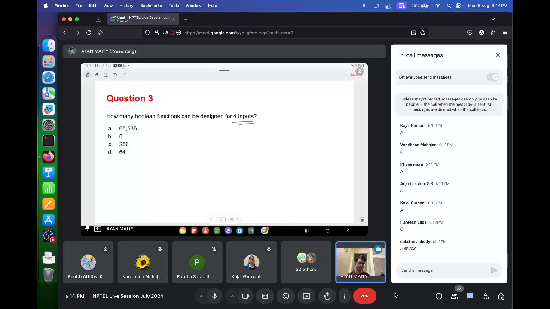Kajal says option A. Hari says option C. Sushma Shetty says option A. Okay, so A and C are the two answers I am getting in the chat.